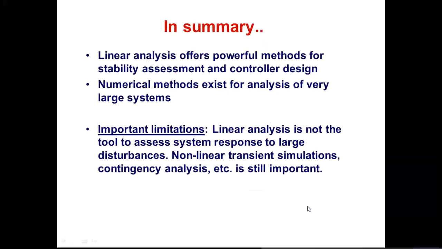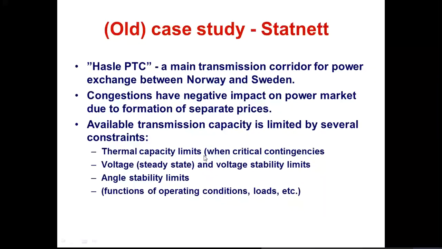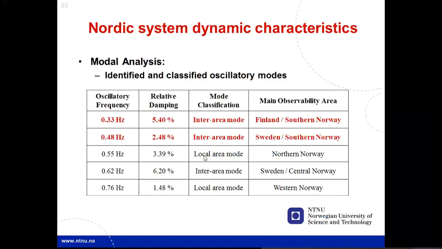Maybe I can have this one. With respect to the Nordic grid, they have one mode of 0.33 hertz, which has a damping factor of about 5.4, and this is an inter-area mode.